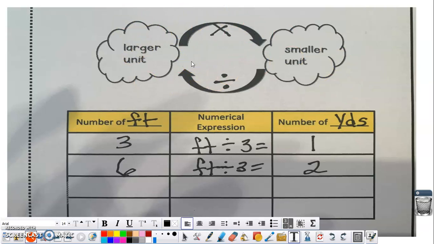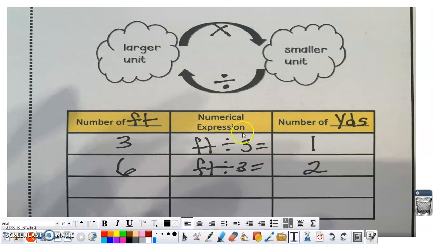So you can always use your note takers to help you out. All right, so here we go. We have a chart here, and it says the number of feet, number of yards. So how many feet will we have for yards? Here comes kind of the crazy part.